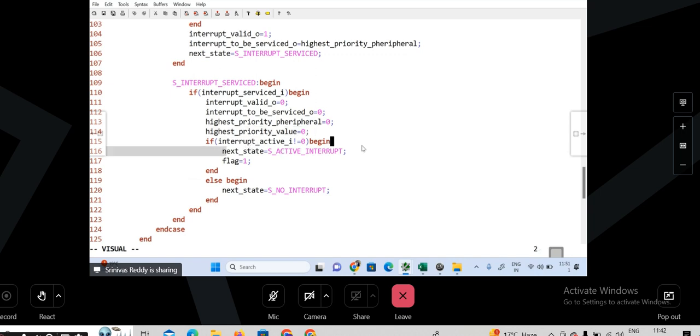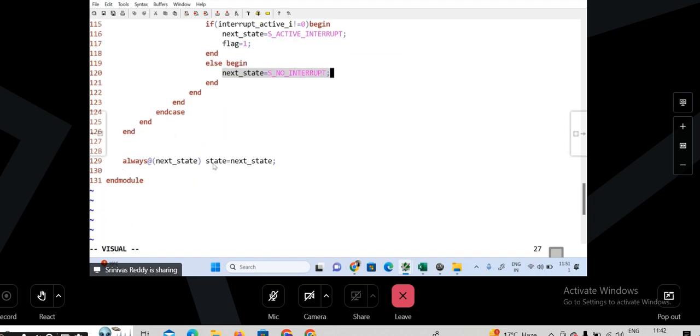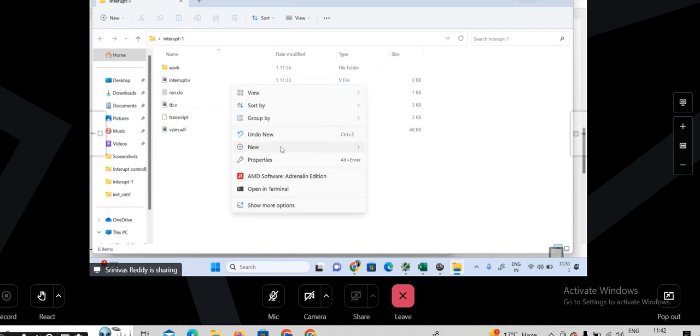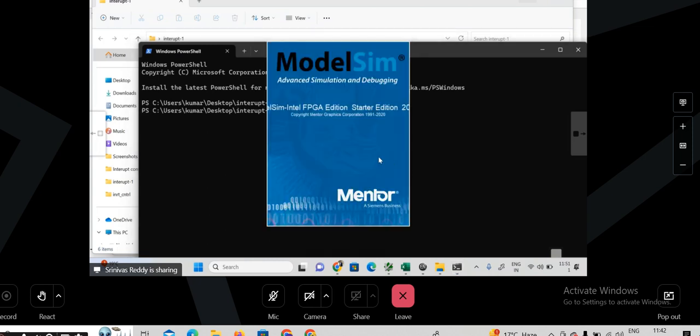This interrupt active, let us make this into the unsigned format. What is my interrupt active at this point? 13, right? This is 13, this is 12, 10, 8, 5, 2. Now this is giving according to the what? Priority. Correct?